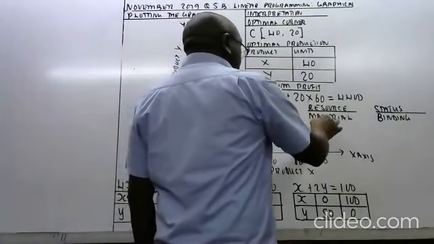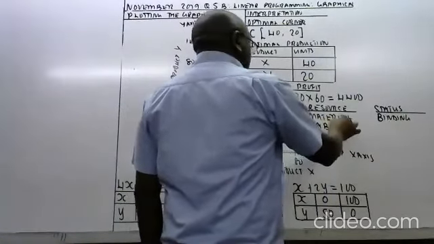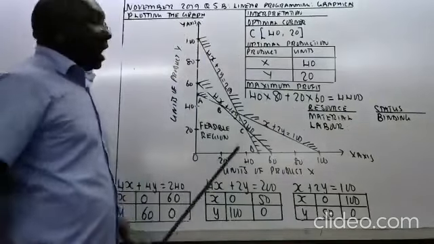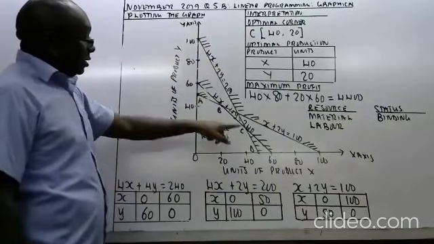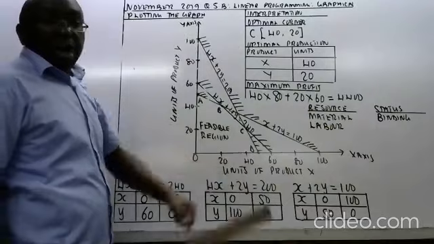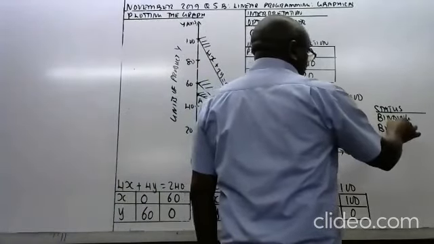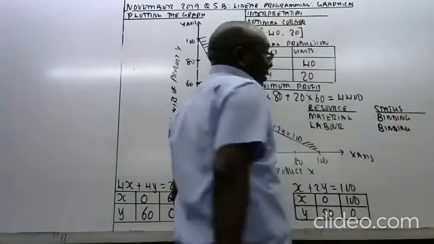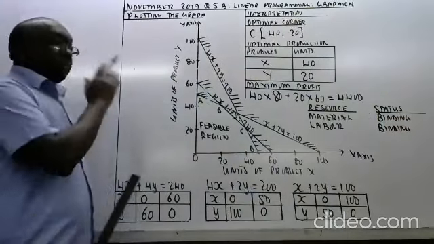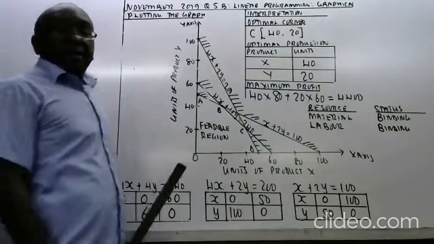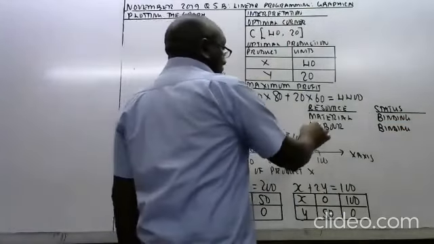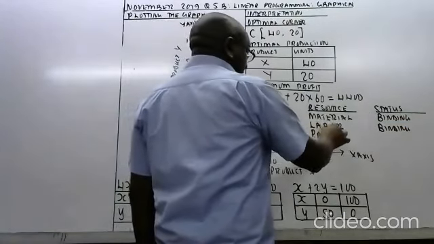Then we go to labor. Labor also has touched. You can see it is part of the optimal corner. So it is binding. And the last resource is packaging.